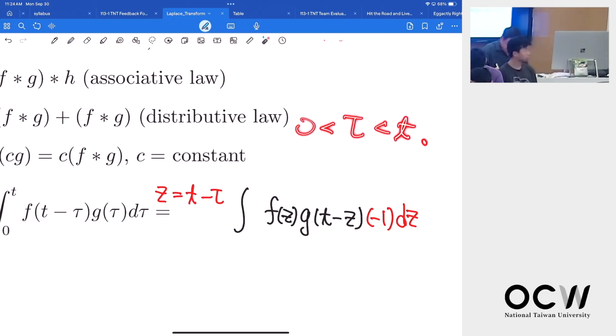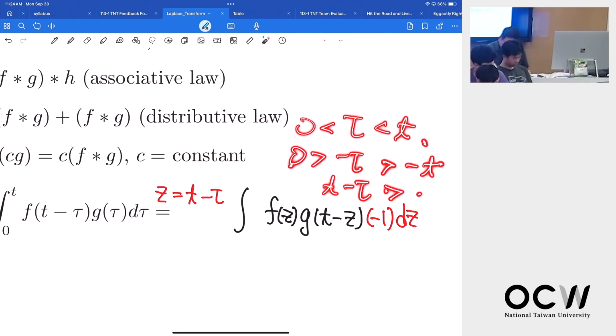And then how about z? So minus tau is greater than minus t, and t minus tau is greater than 0, and less than t. Okay, so your z is between 0 and t.